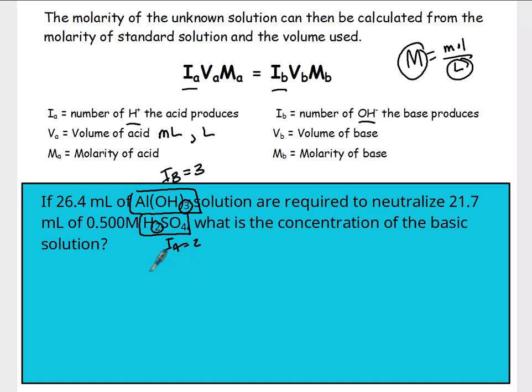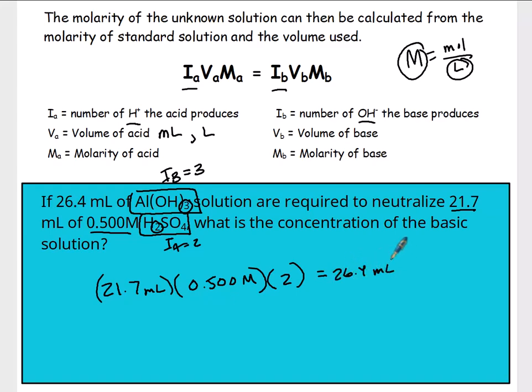So I'm going to put all of my acid on one side. I have 21.7 milliliters, 0.500 molarity of my acid, and I have 2 hydrogen ions. On the other side, I have 26.4 milliliters. I have 3 hydroxides, and I'm trying to find out what the molarity of the base is.